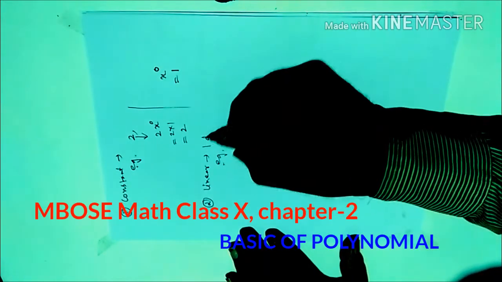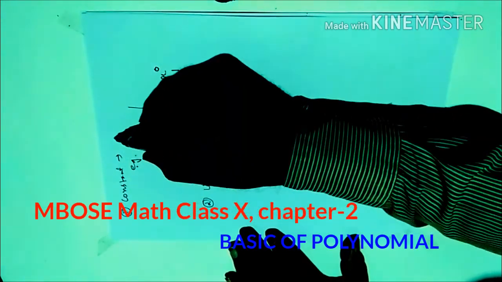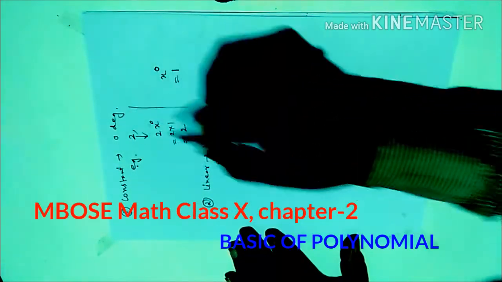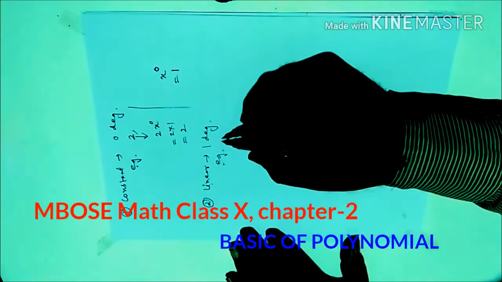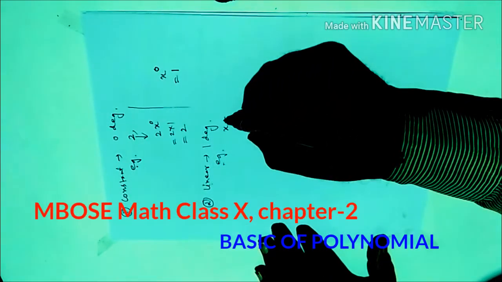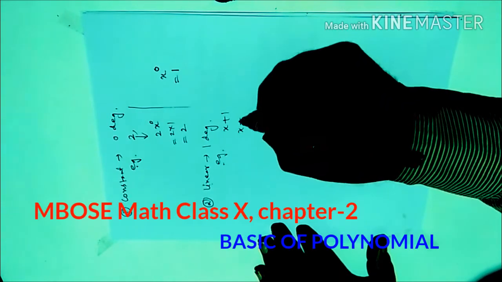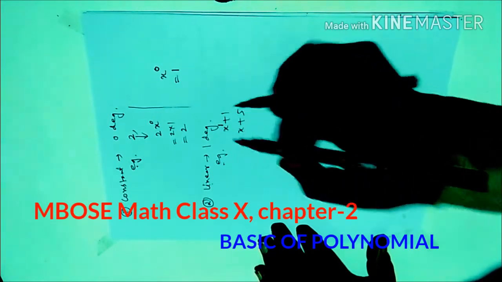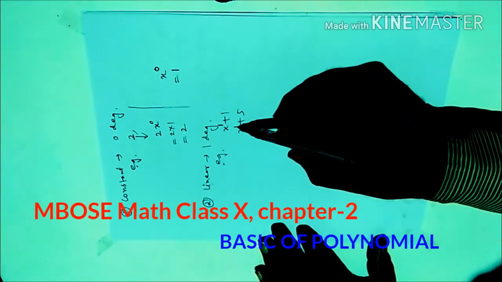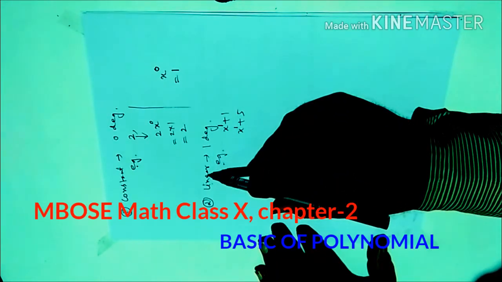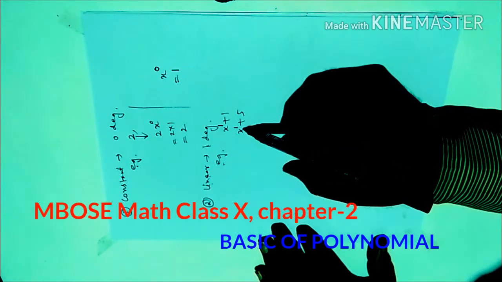So next, linear. Only I will give the example. Linear 1 degree. How much degree? 1 degree. For constant how much degree? 0 degree. So for linear 1 degree, let me give the example. Suppose here x plus 1, x plus 5. You see power how much here? 1. Here power how much? 1. So 1 degree, 1 degree, 1 degree is called linear.